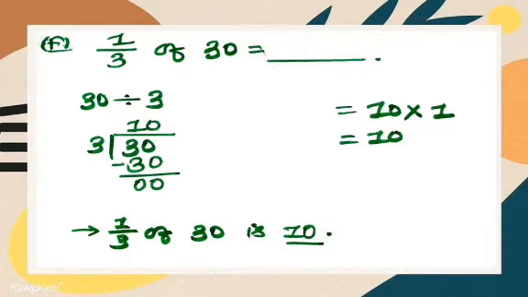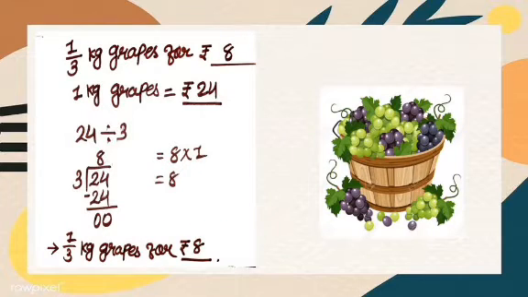Now we move on to the next question. Okay, my dear students, 1 upon 3 kg grapes for 8 rupees. But here is the answer: 1 kg grapes, the price is 24. Means in the basket, 1 kg grapes, its price is 24.